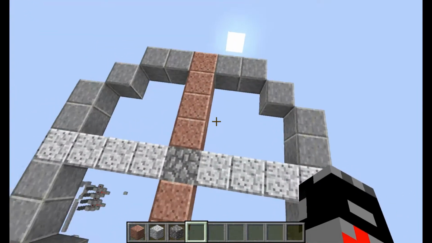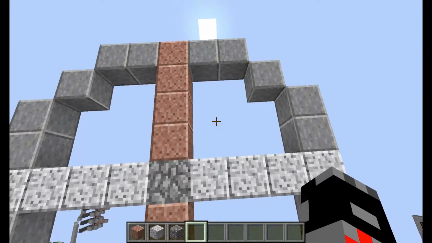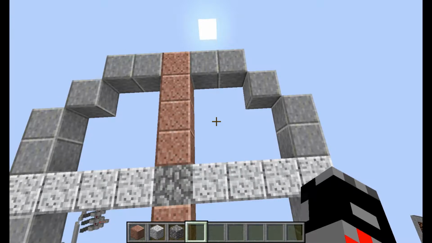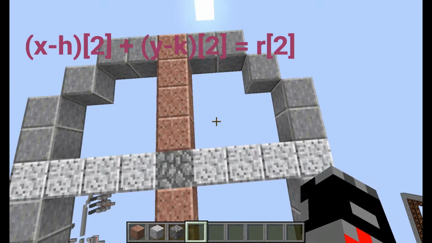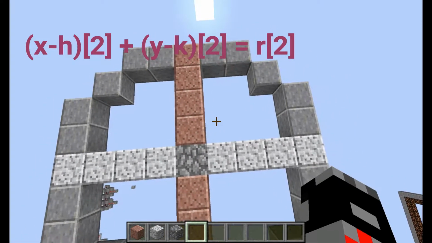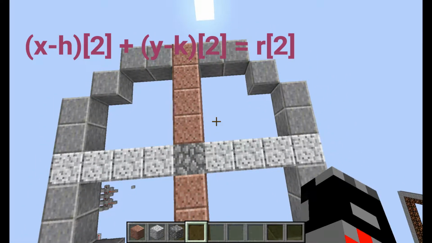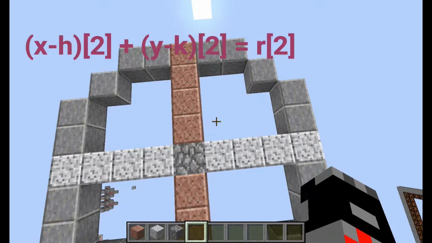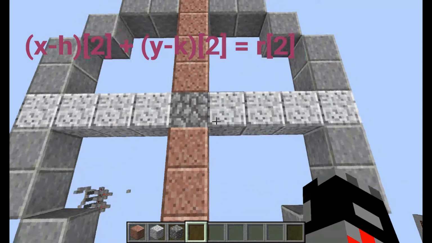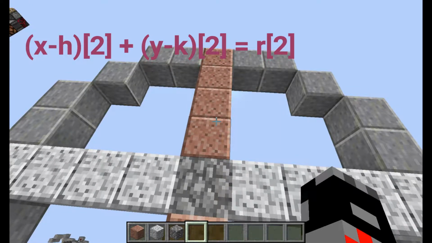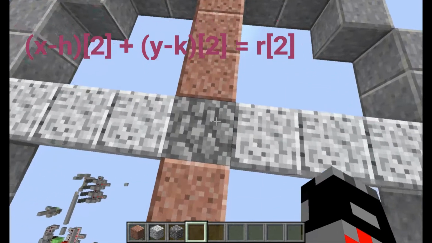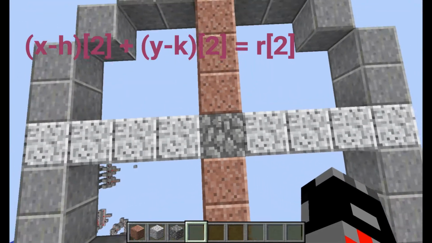So there's an equation for this already, but it has some extra things. So I'm going to put that up on the screen right about now. And the equation is (x minus h) squared plus (y minus k) squared equals the radius squared, where h and k are the x and y values of the center, respectively.